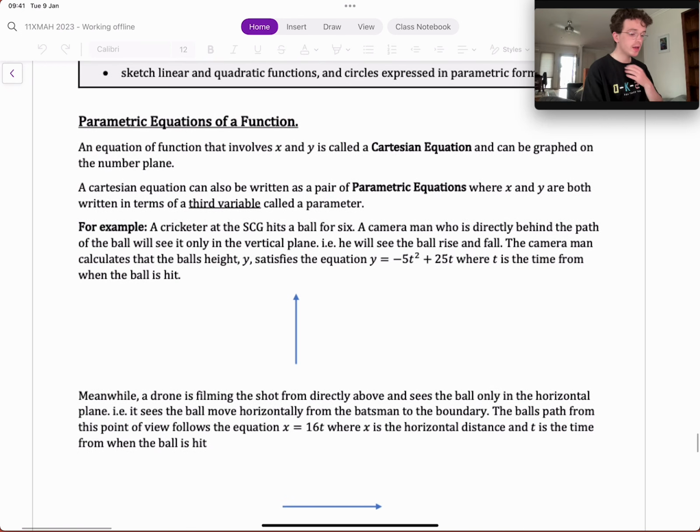So for example, you've got a cricketer at the SCG and he hits a ball for a 6. A cameraman who is directly behind the path of the cricket batter will only see the rise and the fall of the ball. He won't see the horizontal path of the ball. So the cameraman might calculate, or get a computer to calculate, that the equation of the motion is y equals minus 5t squared plus 25t.